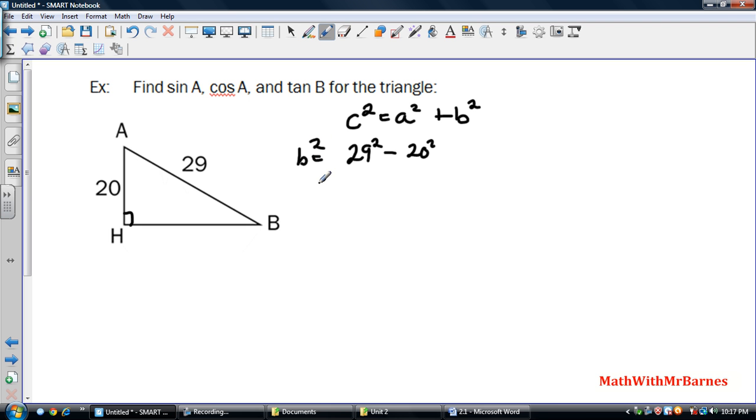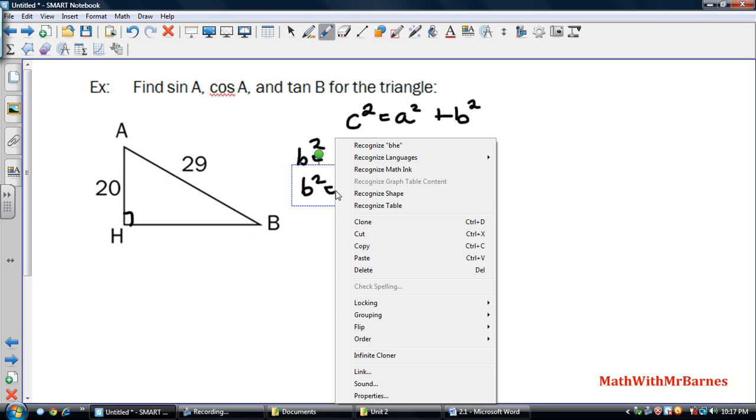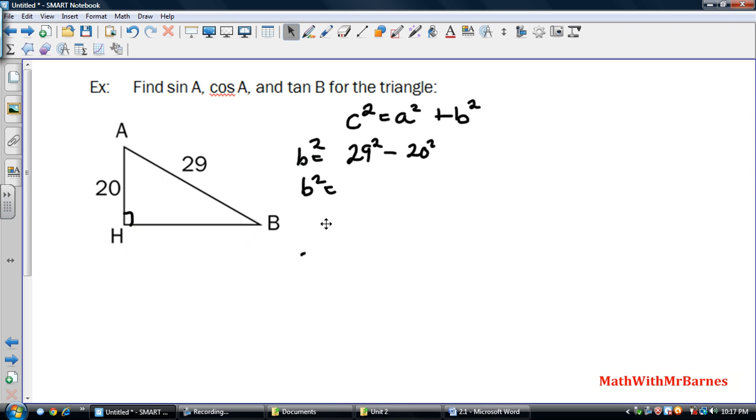So I'll do the math on that. 29 squared minus 20 squared is equal to 441. Square root of 441 is equal to 21. Alright, so this guy down here is 21.